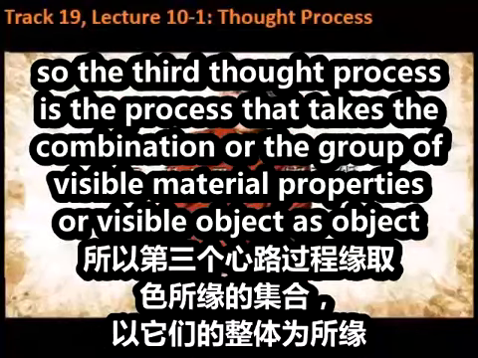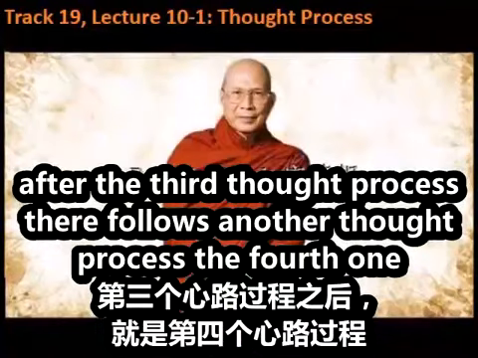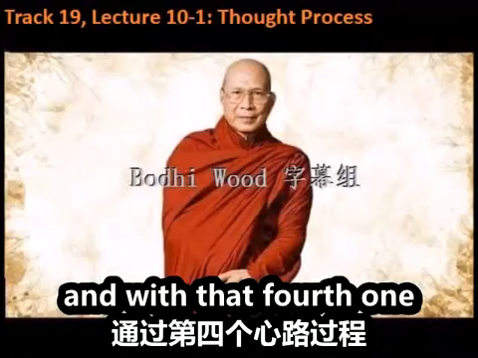So the third thought process is the process that takes the combination or the group of visible material properties or visible object as object. After the third thought process, there follows another thought process, the fourth one.